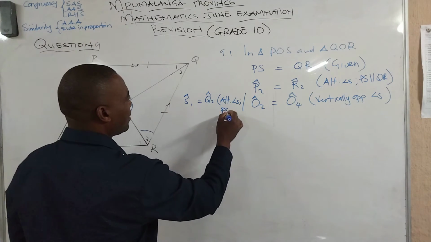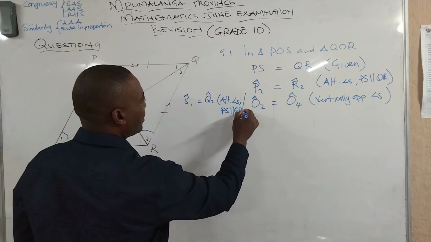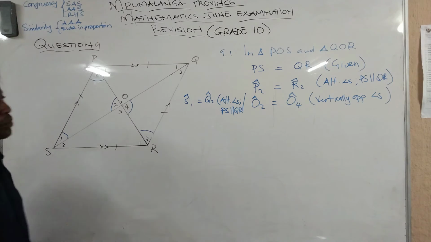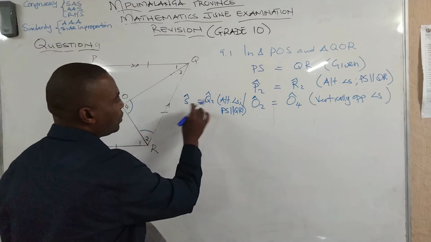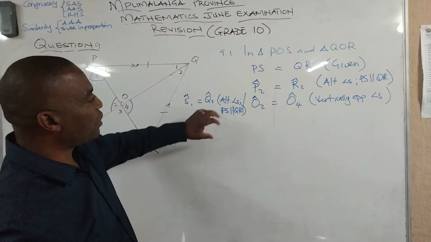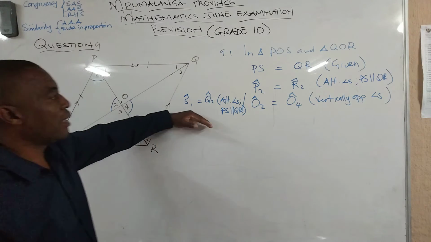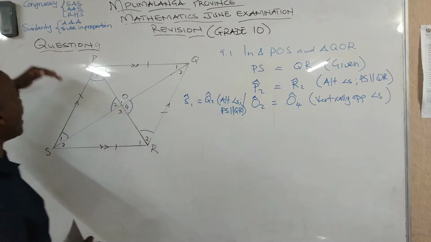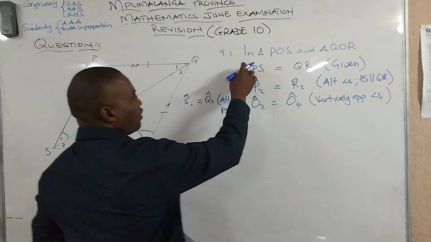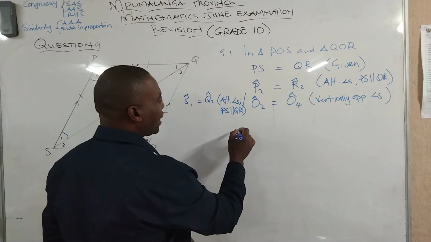PS is parallel to QR. One thing that you should not do is to take the three angles, because under congruence we don't have a proof of congruence which talks about the three angles. It's under similarity. So you have a side and the two angles. So you can conclude that.